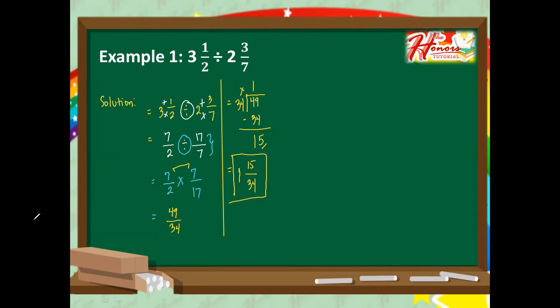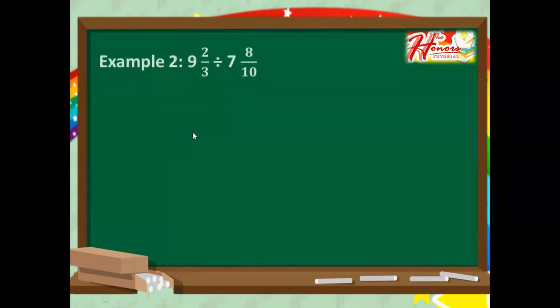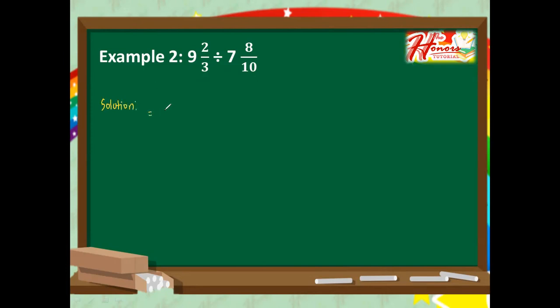Let's have another. So we have here example number 2. So we have here 9 and 2 over 3 divided by 7 and 8 over 10. So this is our solution. Copy the given. So we have here 9 and 2 over 3 divided by 7 and 8 over 10.